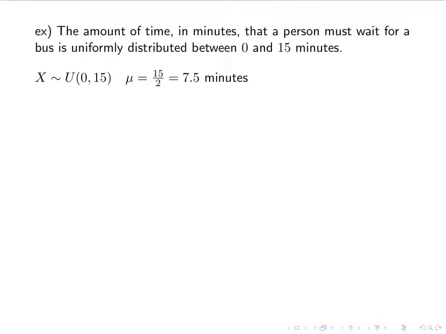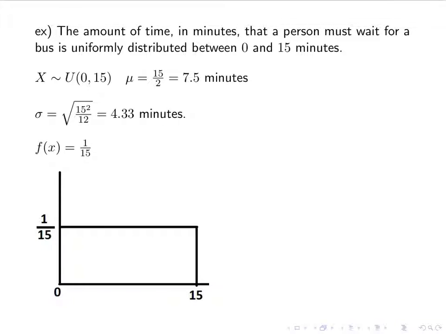So you would expect to wait 7.5 minutes. Sigma is the square root of (15 minus 0) squared, divided by 12, which is 4.33 minutes. The equation would be f(x) equals 1 over 15. So remember again, it's 1 over (b minus a). 15 minus 0 is 15.